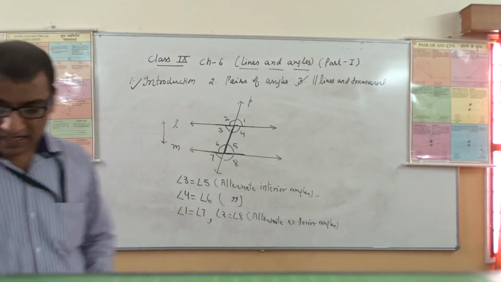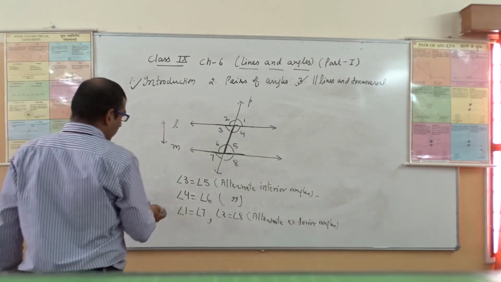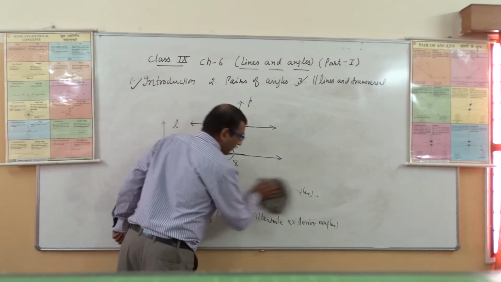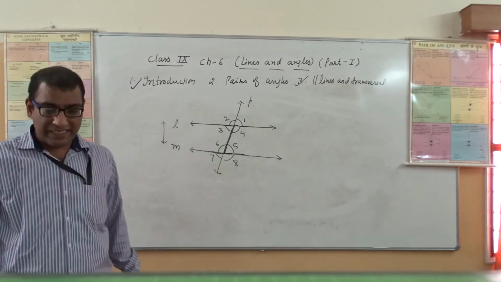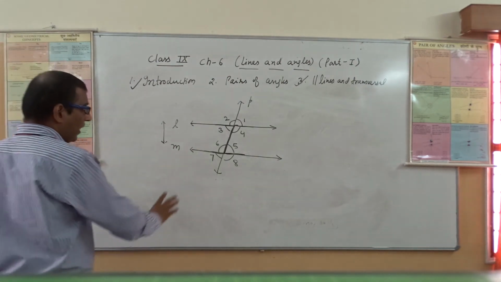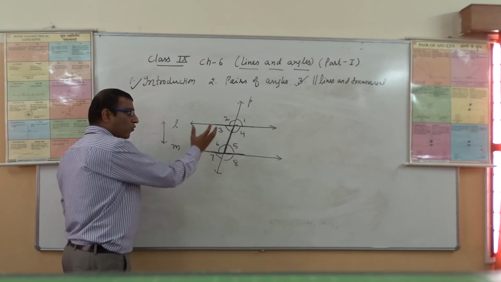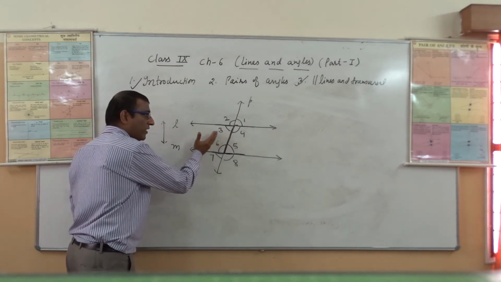So after this alternate concept, we will come to the next point. If you see 3 and 6, both are interior angles and both lie on the same side of the transversal.